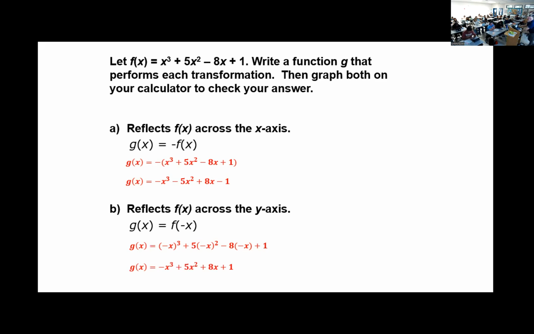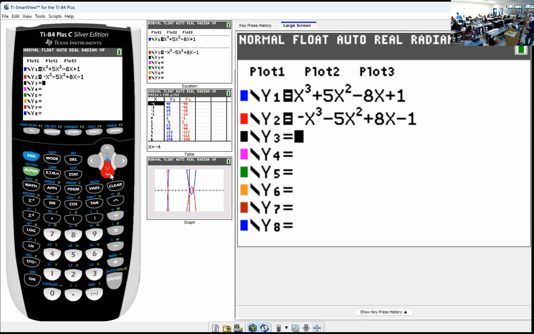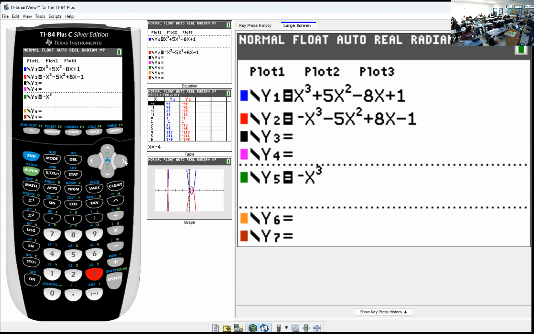And I'll do this one on the same graph so we can see the difference here. Yes, question. Sure. So let's take a look at y equals, and this one I'll do on the same graph. I'll do it in green so we can see it. G of x is going to equal negative x cubed plus 5x squared, so the x squared term stays positive.